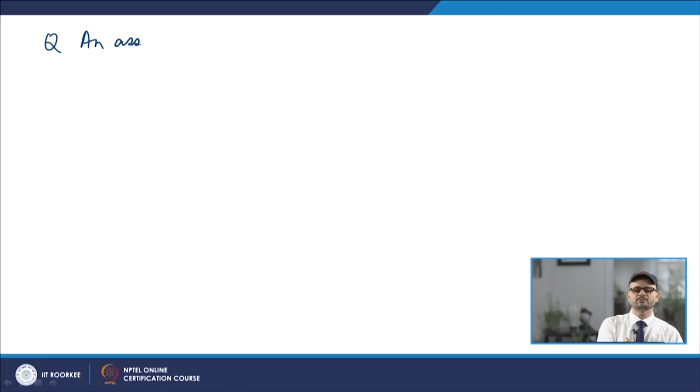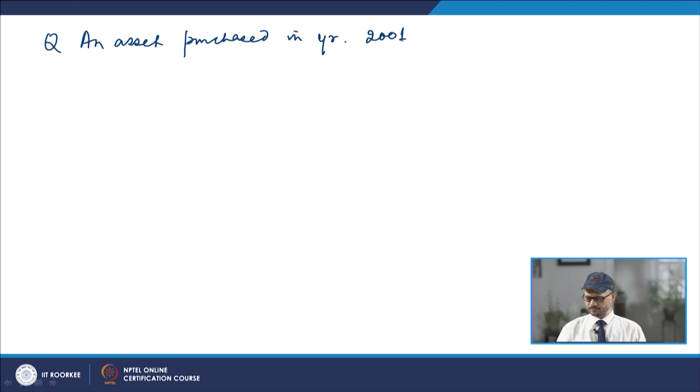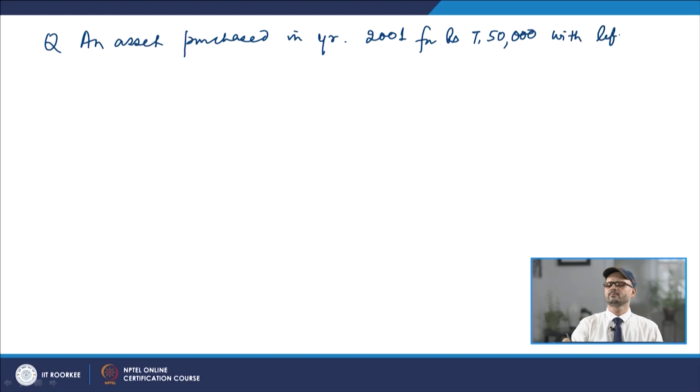The next question is that suppose there is an asset which is purchased in year 2001, for rupees 7,50,000, with a life of 5 years, and 0 salvage value at the end of its life.